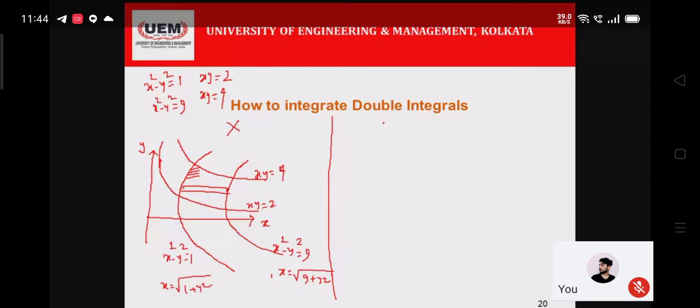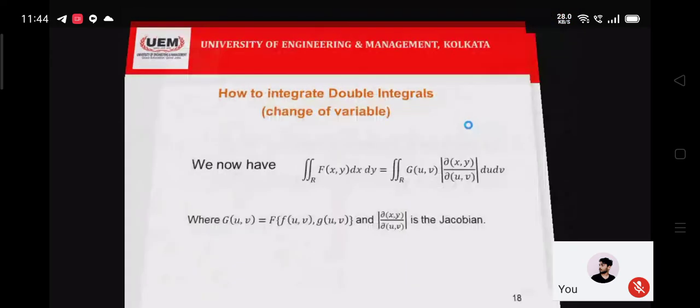We will use the transformation: let x square minus y square be u and xy be v. Okay. Now I have to go back to that slide so that you can understand.